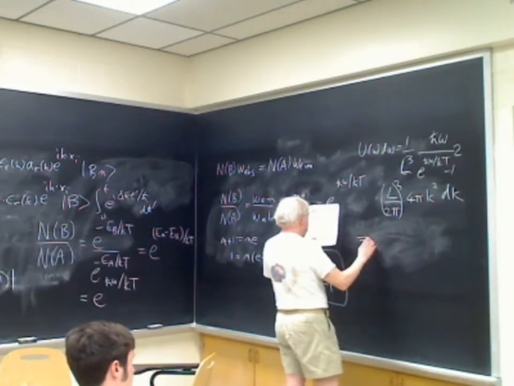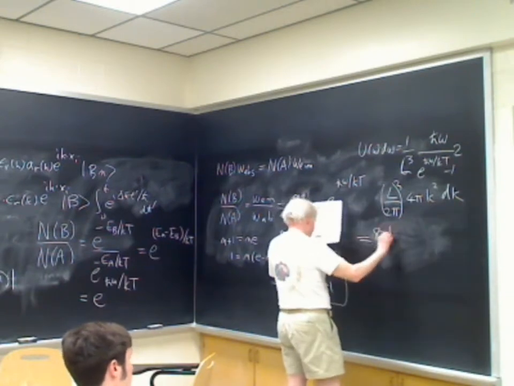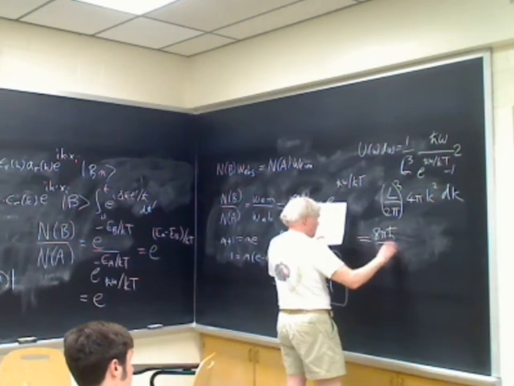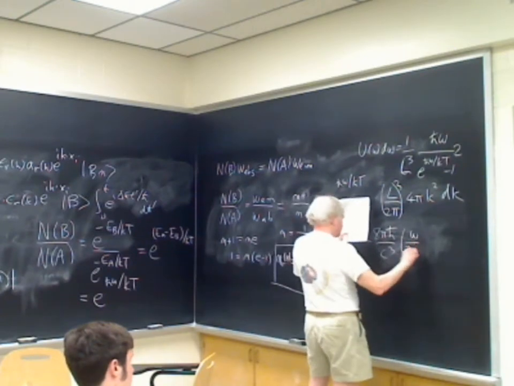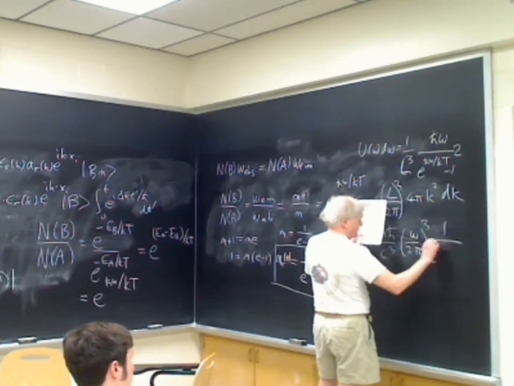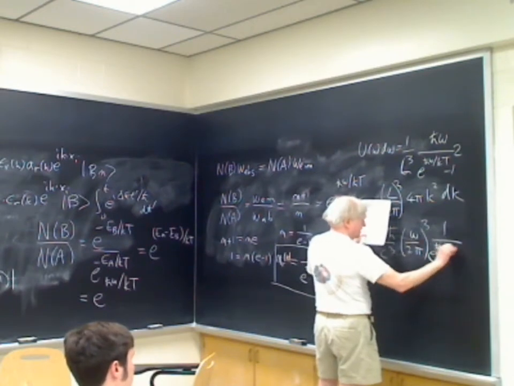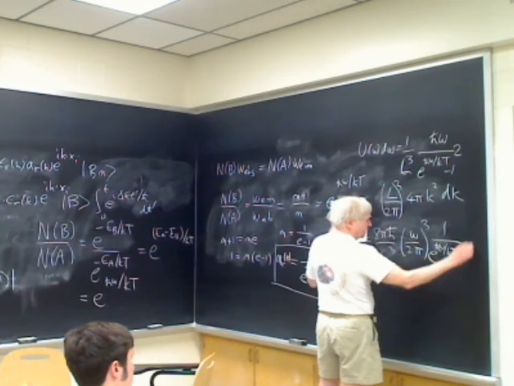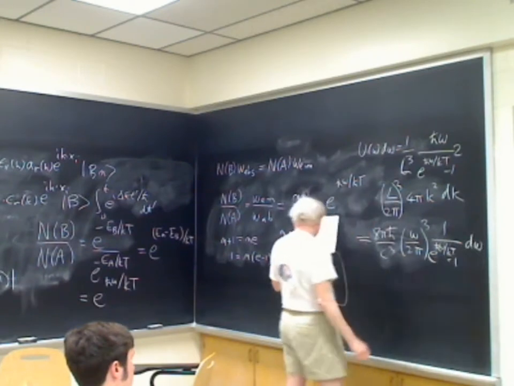All of that, if you put it together, is 8 pi h bar over c cubed, omega cubed over (2 pi) cubed, 1 over e to the h bar omega over kT minus 1, d omega.